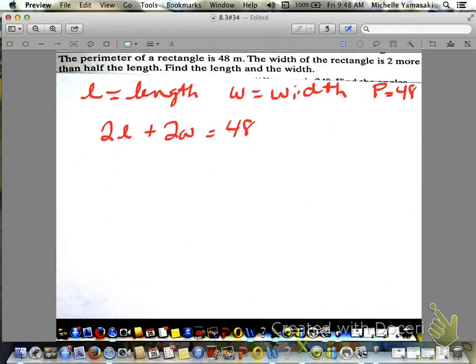And what's the other equation? Width of the rectangle is... W equals 2 more than half the length. 1/2 L or L over 2, plus 2. So do you understand? And then we use substitution.